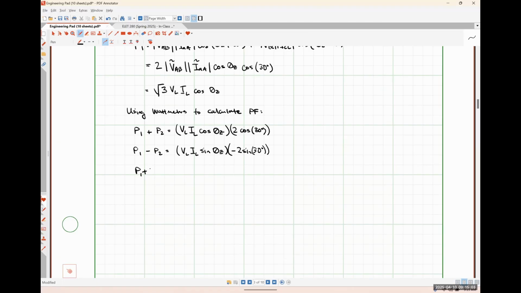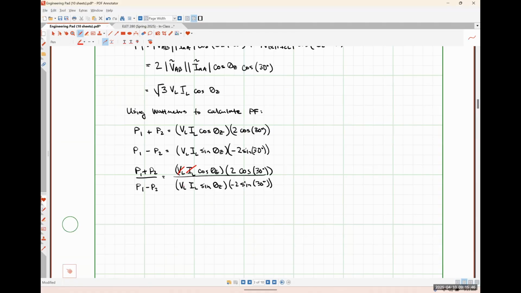So P1 plus P2 over P1 minus P2 is going to look like VL cosine theta z times twice cosine 30 degrees over VL sine theta z times -2 sine 30 degrees. And let's play around with this just really quickly here.